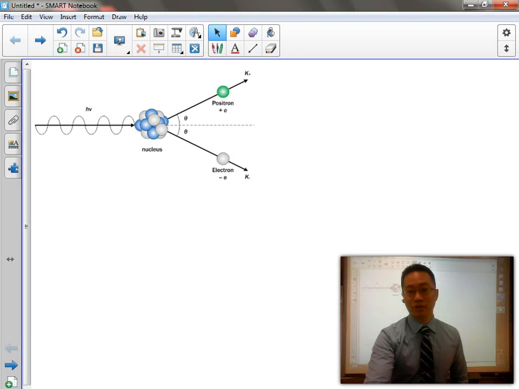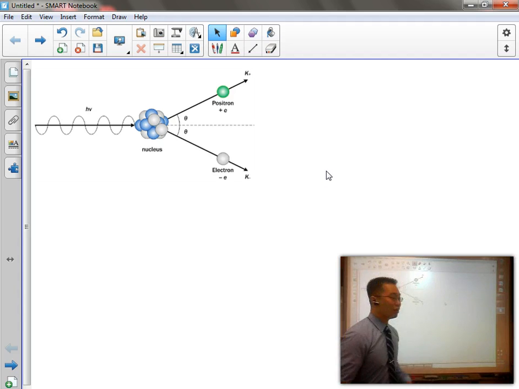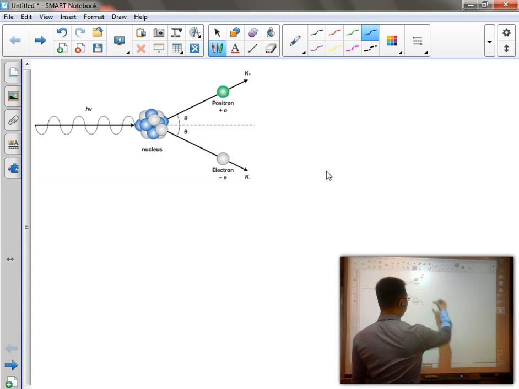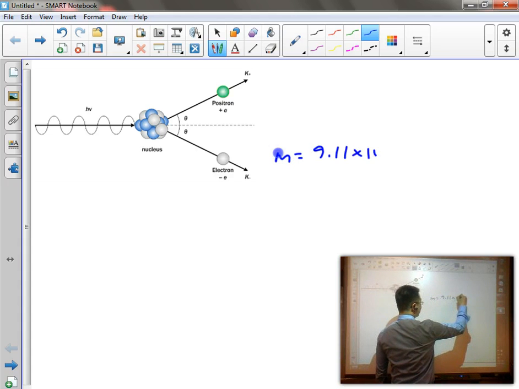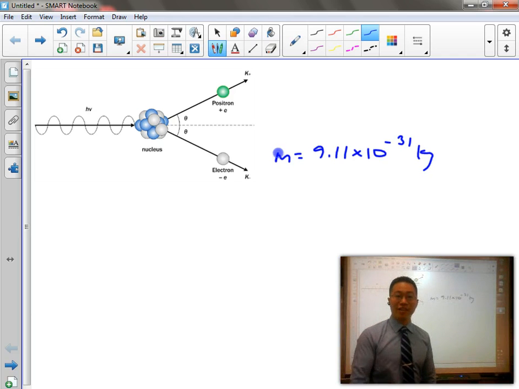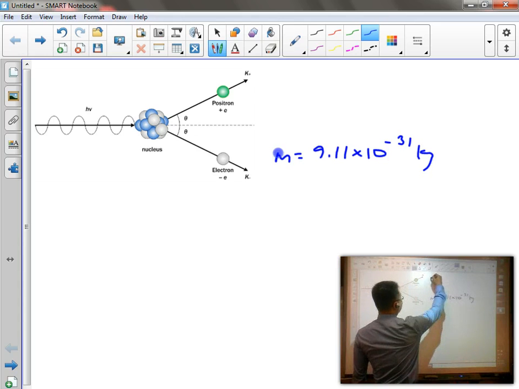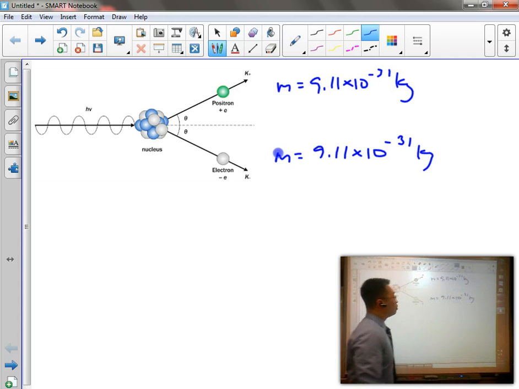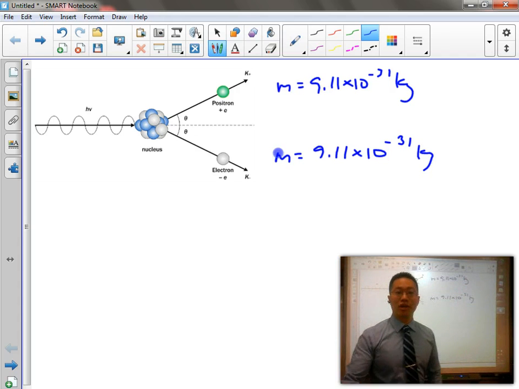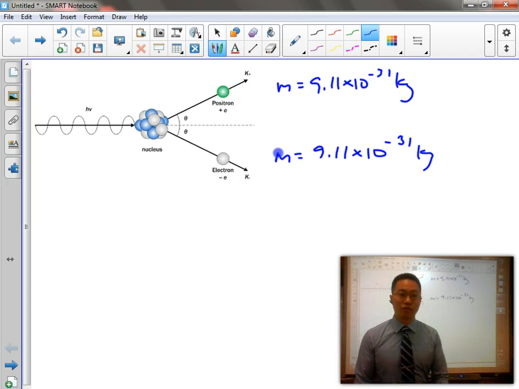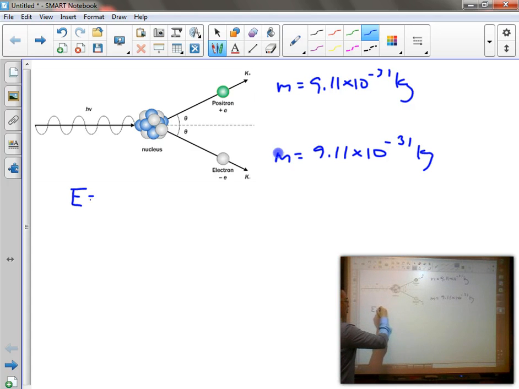Well, if we take a look at this diagram over here, let's actually calculate it out. We know that the mass of an electron is 9.11 times 10 to the negative 31 kilograms. And the positron, because it's an antiparticle of the electron, has the exact same mass. So to figure out how much energy a photon needs, we're going to go to Einstein's formula, E equals mc squared.